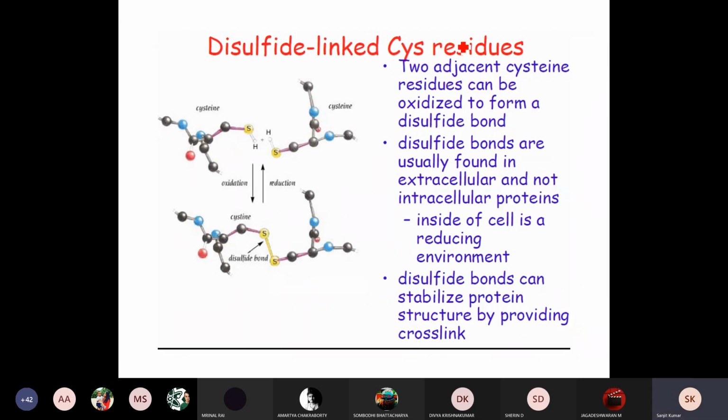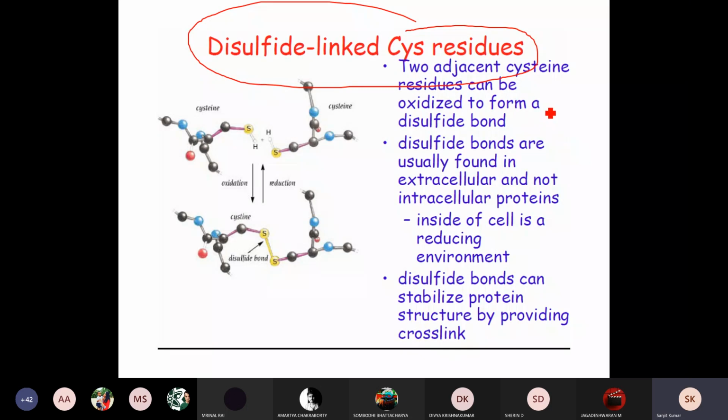Disulfide bond, just remember: cysteine residues form the disulfide bond. Two adjacent cysteine residues can oxidize to form a disulfide bond. Disulfide bonds are usually found in extracellular, not intracellular proteins. The inside of a cell is a reducing environment. Always remember, two adjacent cysteine residues can be oxidized to form a disulfide bond.